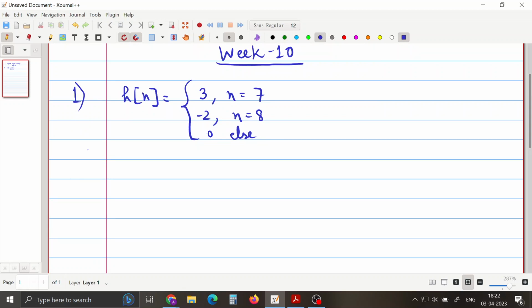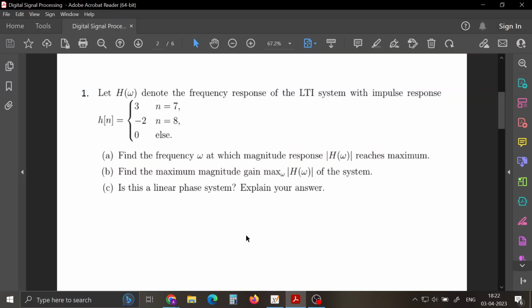And we are looking at part A. In part A we need to find the frequency at which the magnitude response becomes maximum.